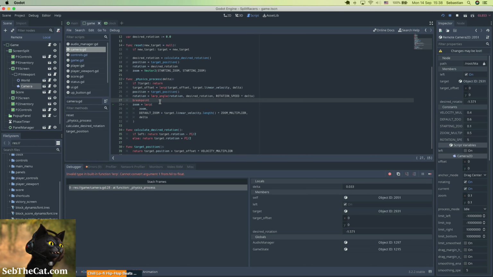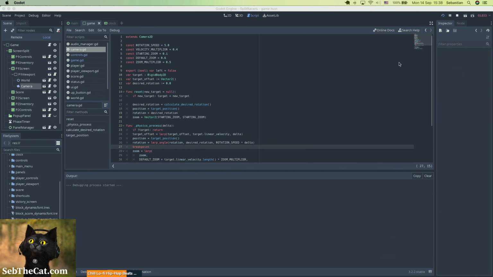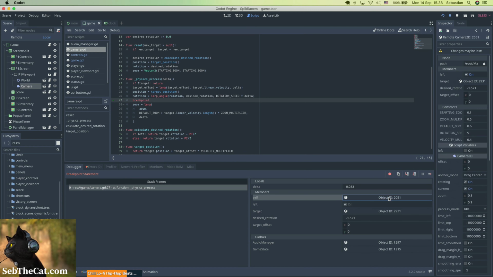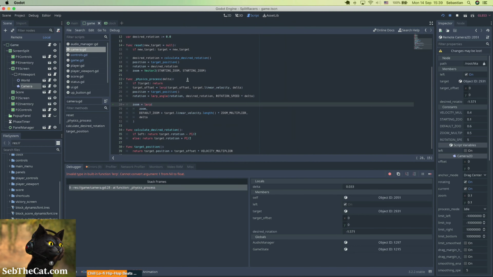Okay, so let's put a break point here. I don't know why this is nil. Target camera, that's really odd. I didn't expect that to happen at all.